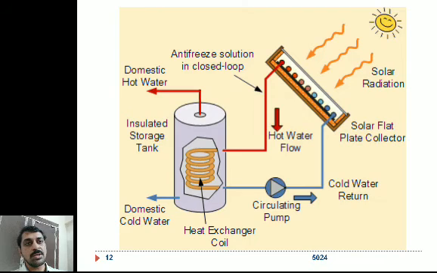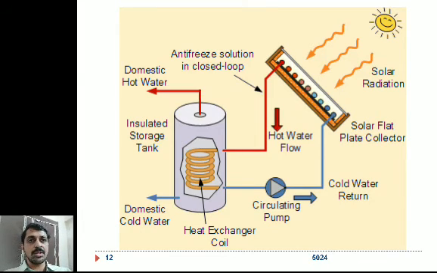So in the closed loop, you can see here the closed loop is this blue and red line that forms a closed loop in the heat exchanger. Now in this heat exchanger, you can see there will be some water or whatever you need to heat. So domestic cold water is obtained from the bottom, and domestic hot water is obtained from the top.